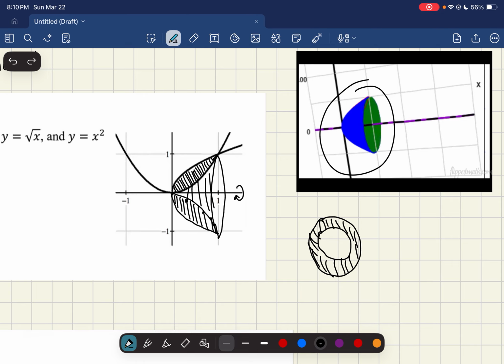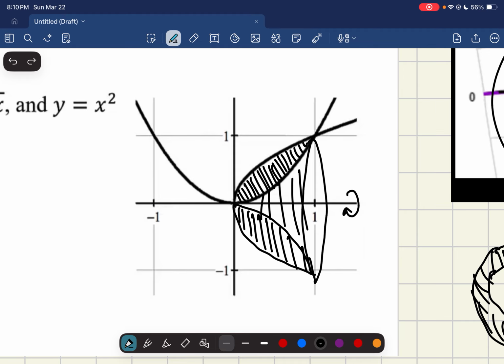So what is the large radius function and what is the small radius function? If you look at the graph, the large radius function is the one on the outside, which is this side here, and that belongs to y equals the square root of x. The inside function is this side here, and this belongs to y equals x squared.